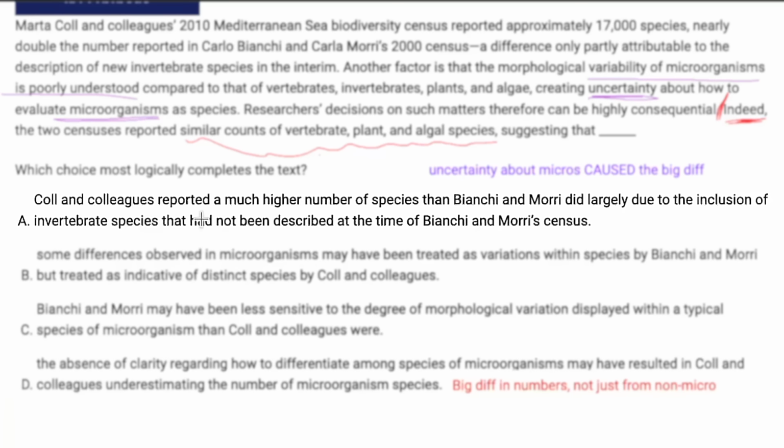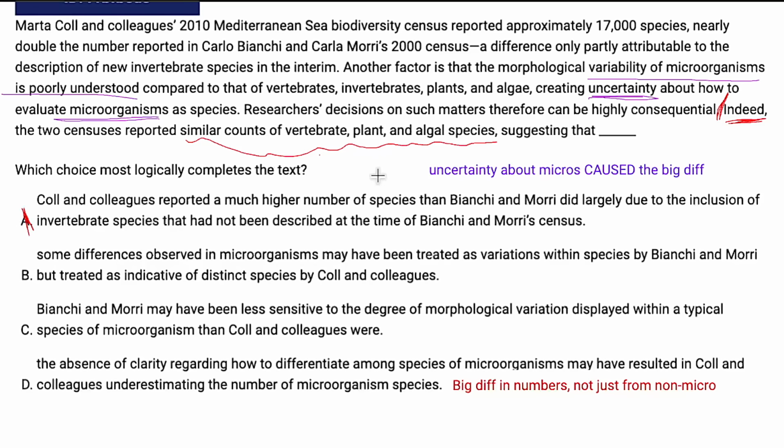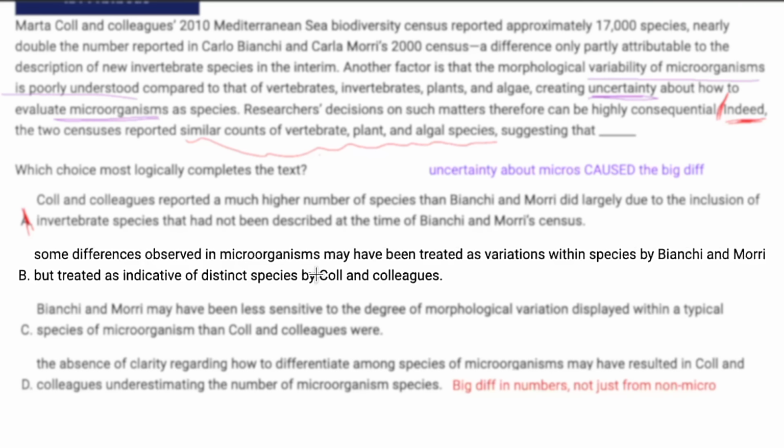Choice A: these guys reported much higher species counts than these other guys, largely due to inclusion of invertebrates. Nope, I'm looking for those micros, and I'm looking for an uncertainty about the micros. B: some differences in micros may have been treated as variations by these guys, but treated as distinct species by these other guys.